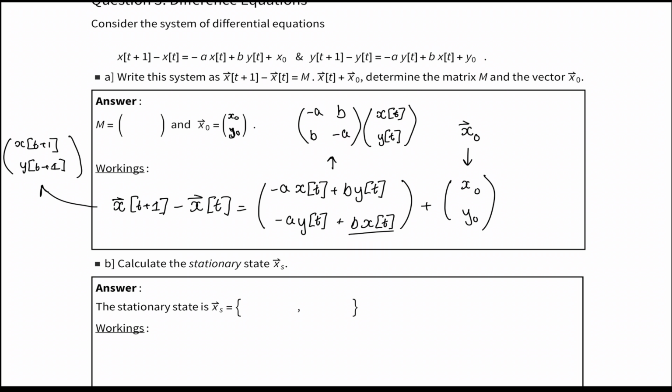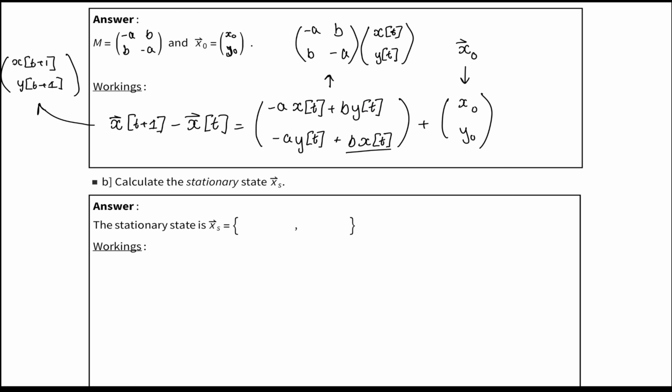So when we multiply this with this column, we get minus a y_t plus b x_t. So our matrix ends up being minus a, b, b, minus a. Cool. Hopefully that made sense.